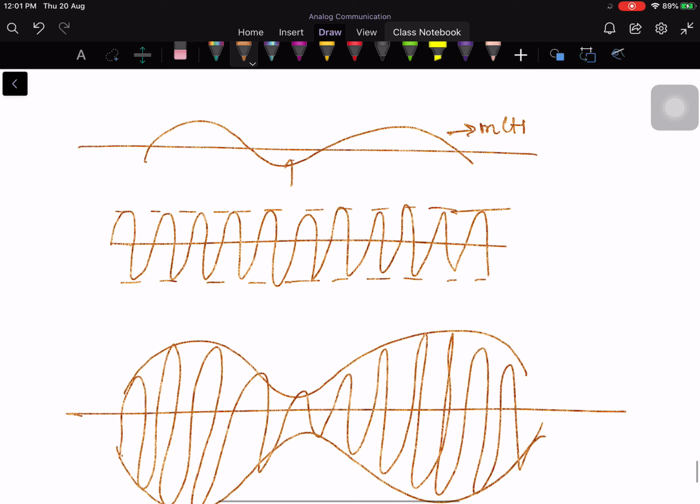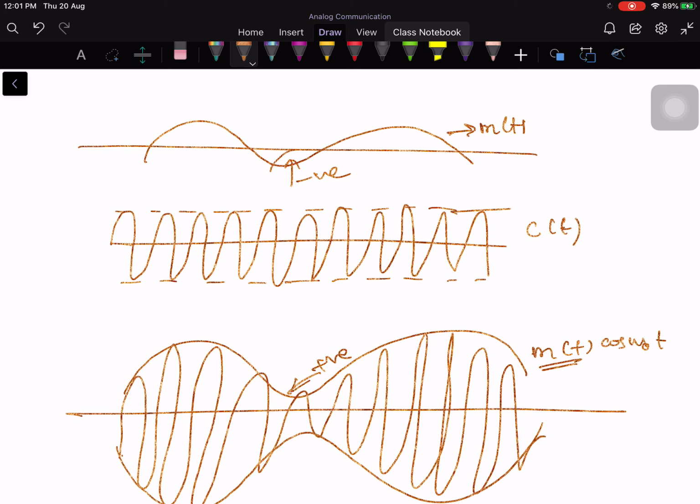You have a negative component in the original m of t and this is your c of t. Once you multiply m of t times cos omega naught t, then the instantaneous amplitude is not m of t, it is the magnitude of m of t, because there is no negative part here. Look at here, this is also positive.